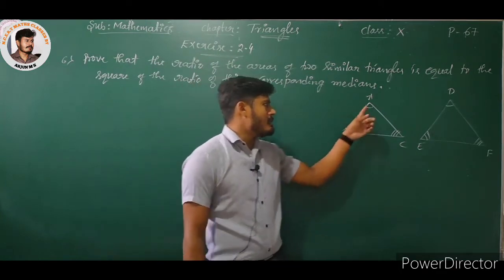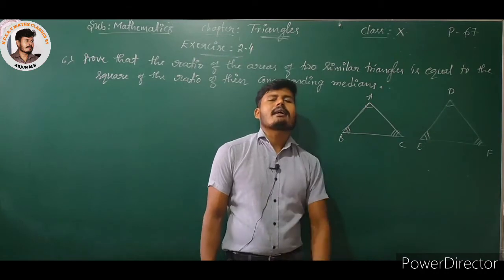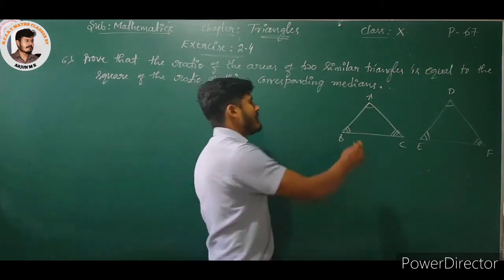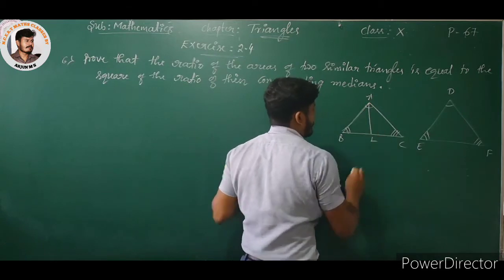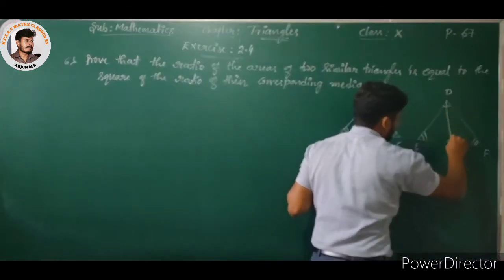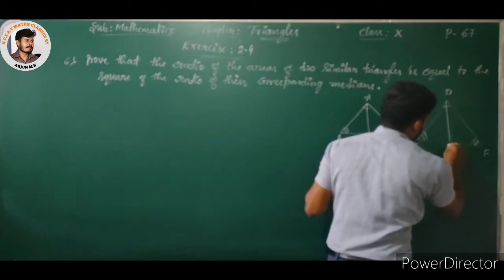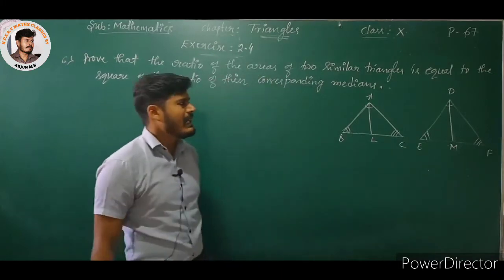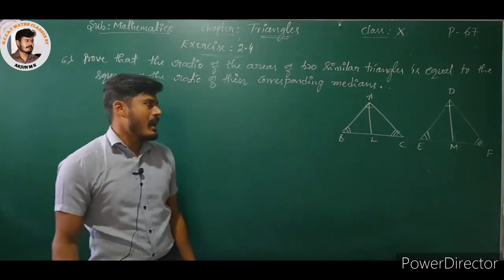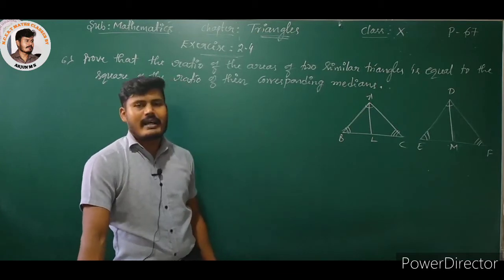A median means the top vertex must be connected to the exact middle point of the base line, and we call that a median. So take down AL and DM. These two are medians of both the triangles ABC as well as DEF.